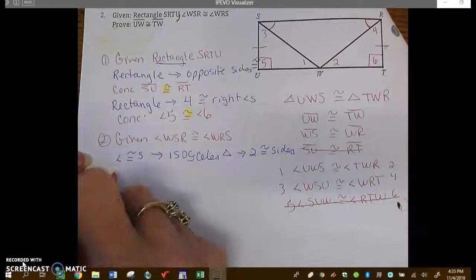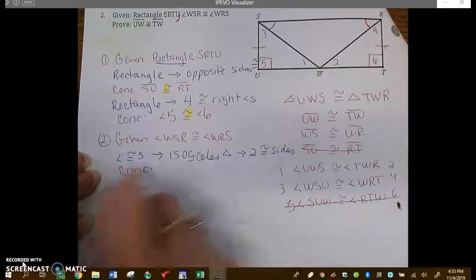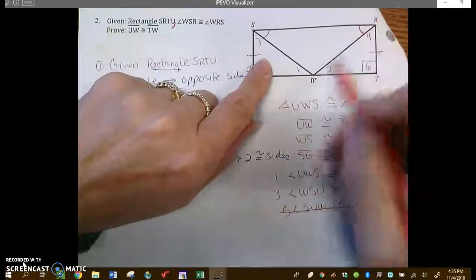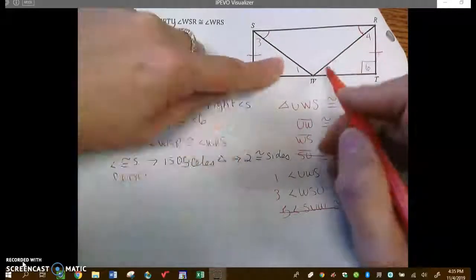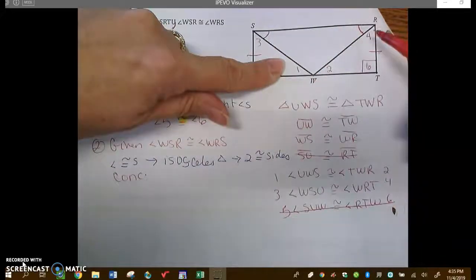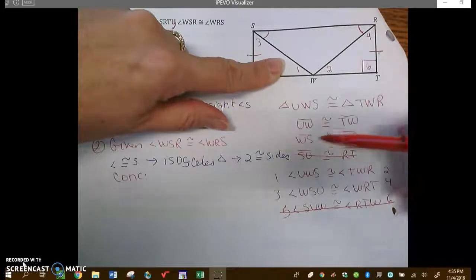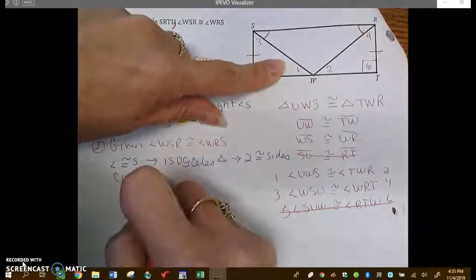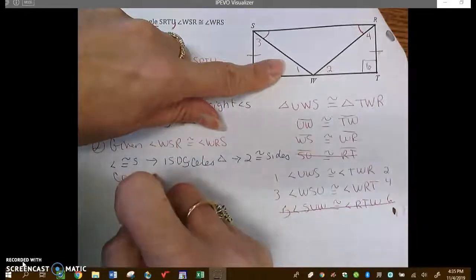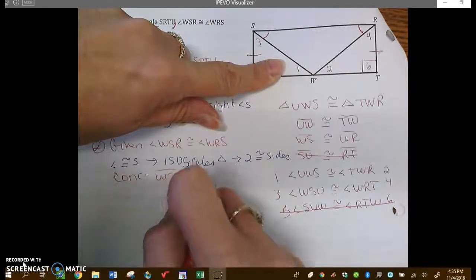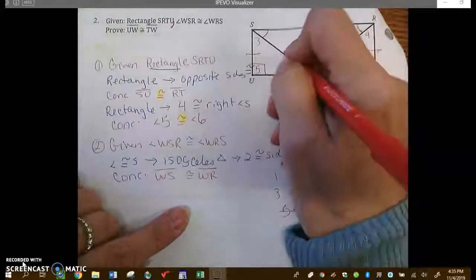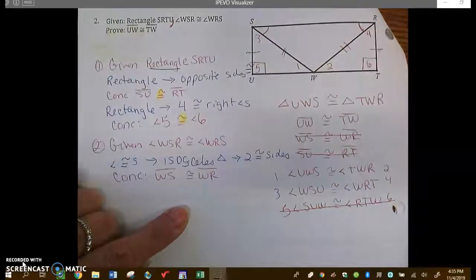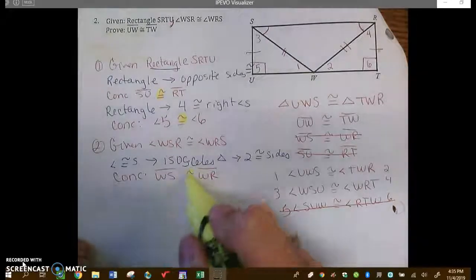So I get to make a conclusion. In this triangle, if I have two congruent angles, I get two congruent sides. So SW is congruent to RW, and they're in our list. I'm going to write the letters this way. WS is congruent to WR. That is in our list. I'm now putting in 2 tick marks. That's my third congruent sign.